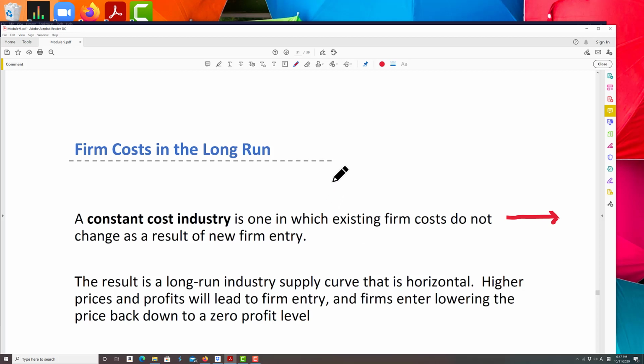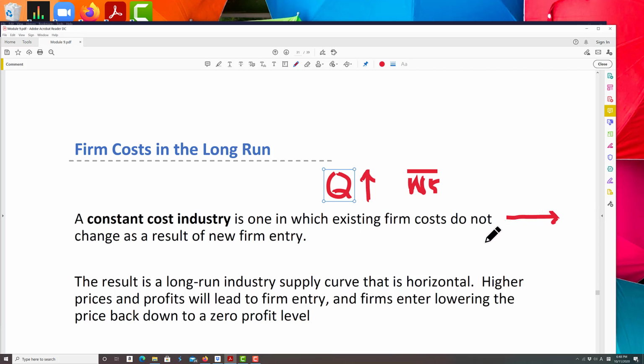So as the industry output expands, the industry requires more inputs, but the wage rate and rents remain constant. In this case, we observe a constant cost industry. As the industry expands, it has no effect on the input costs, and therefore the average cost remains constant.